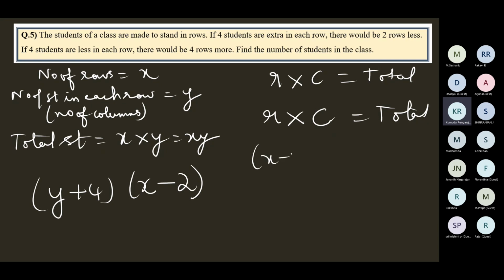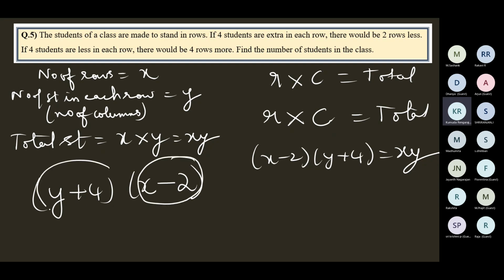What is the product of the rows and columns? It is equal to the total number of students, XY, which is fixed.